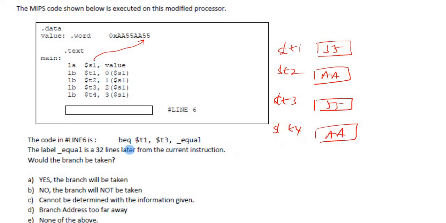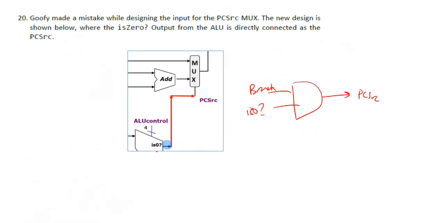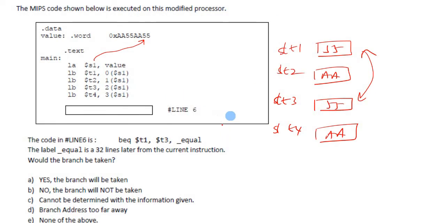So when line 6 has this instruction, branch if equal T1 with T3, both of them are equal. So the BEQ instruction will actually do a subtraction. So a subtraction of 55 and 55 will give you a 0. So the is0 will be set. If the is0 is set, then based on the current design, I will make the processor take the branch. So the answer is yes, the branch will be taken.